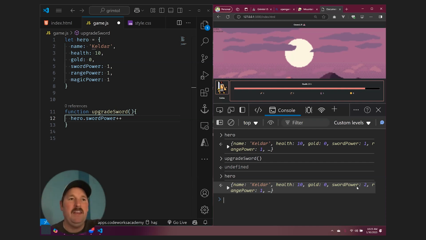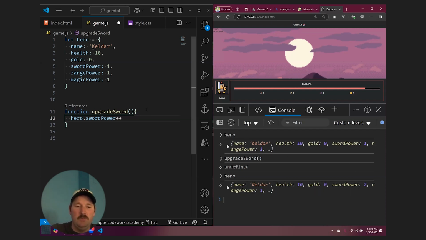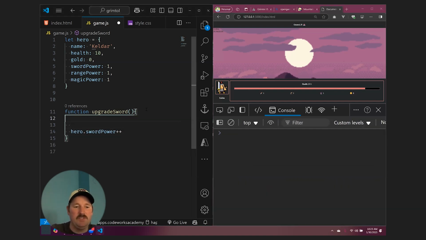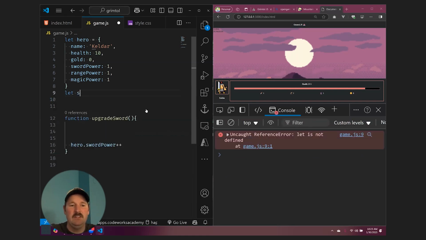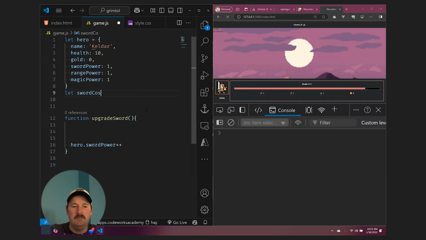Now, maybe it should cost some money in order to upgrade your sword, right? So let's assume that the sword cost, we'll even create a variable for this. We'll say let sword cost equal 10. Takes 10 gold to upgrade your sword.